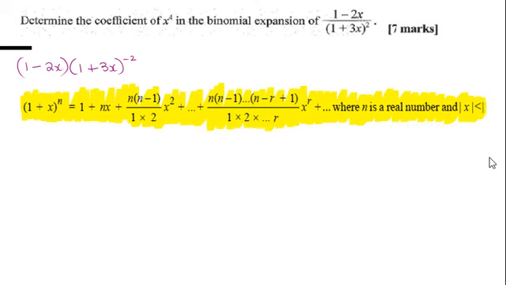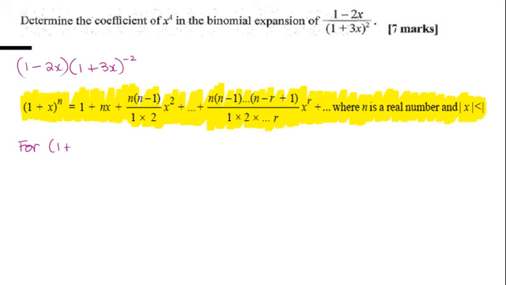All right, so this reminds us of the formula that we need to expand 1 plus 3x to the negative 2. Now I only want the x cubed term and the x to the fourth term. So I can ignore the 1 plus nx plus n minus 1 and so on. All I need are the x cubed terms, right?